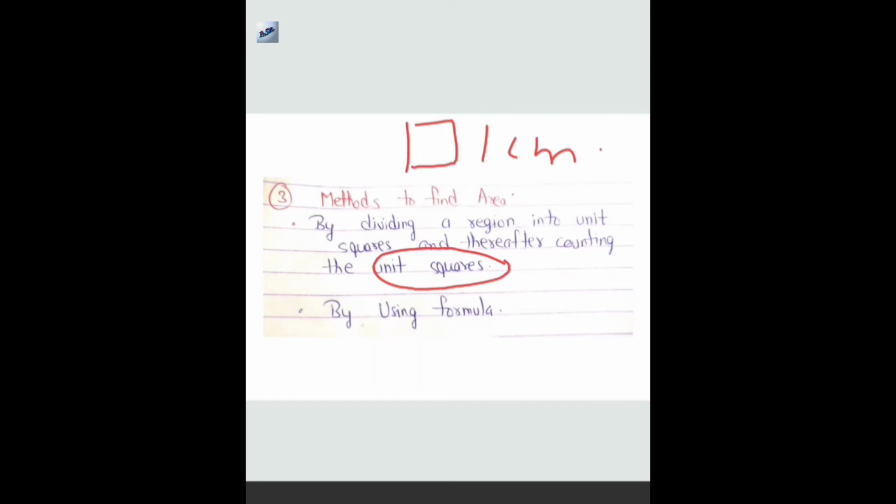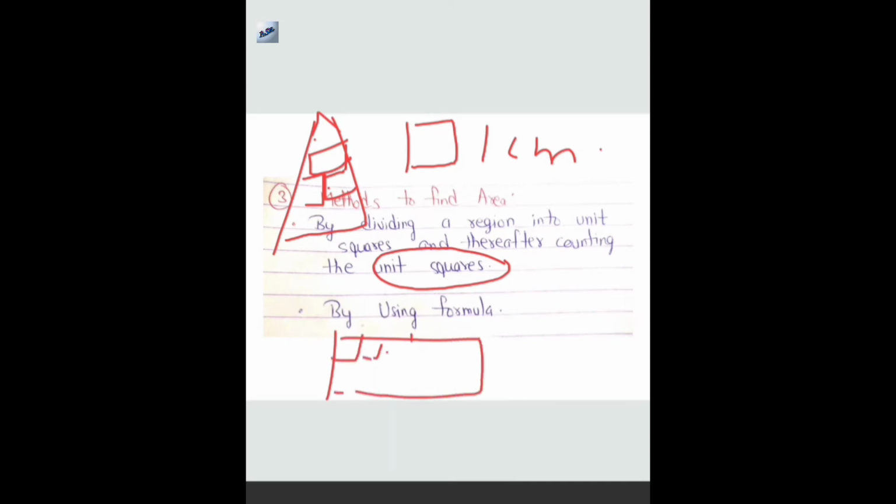In this method, we divide a region into squares. We divide this triangle into small squares of 1 centimeter and count the number of squares. Like this, we divide this rectangle into small squares of 1 centimeter and count the number of squares, and this will be our area.